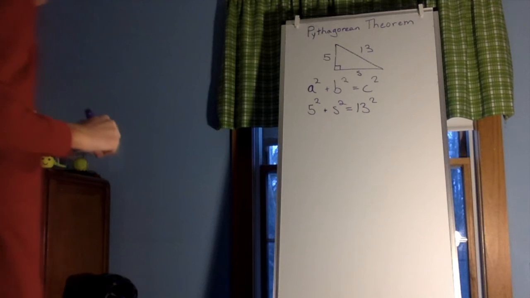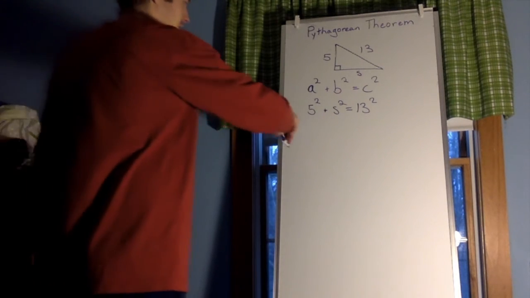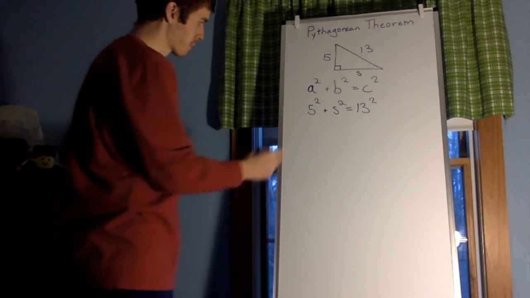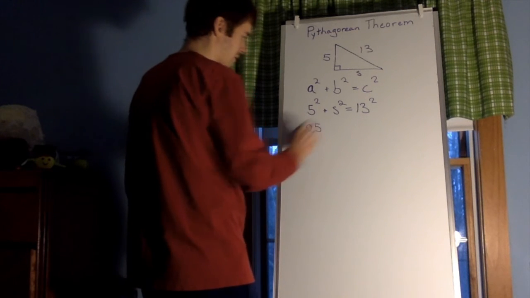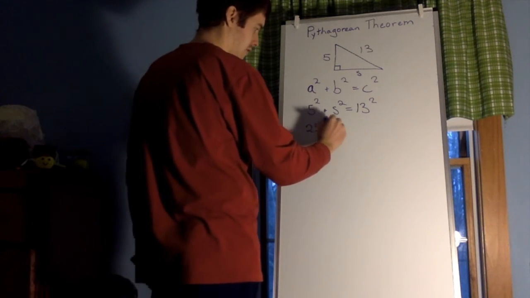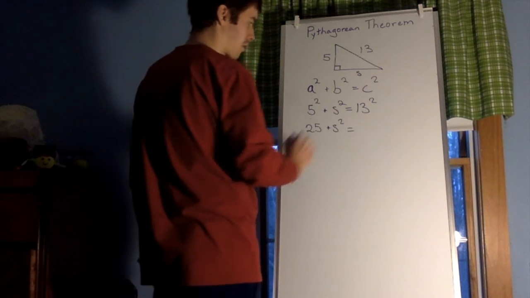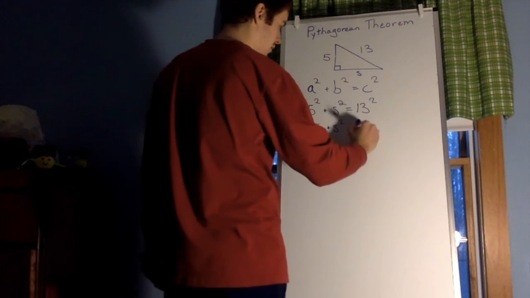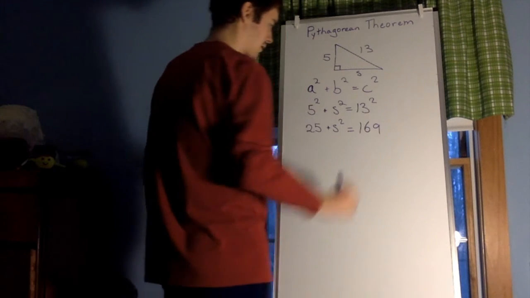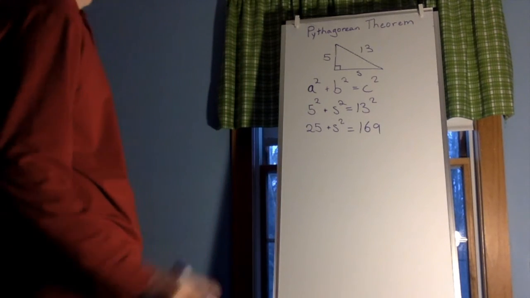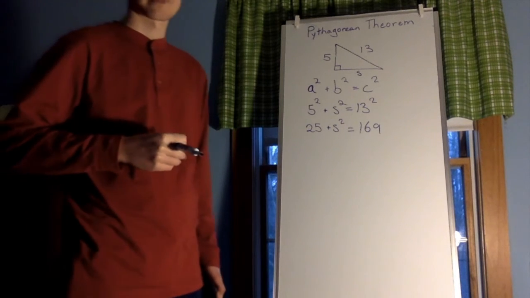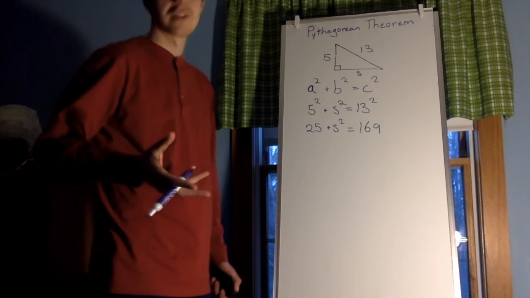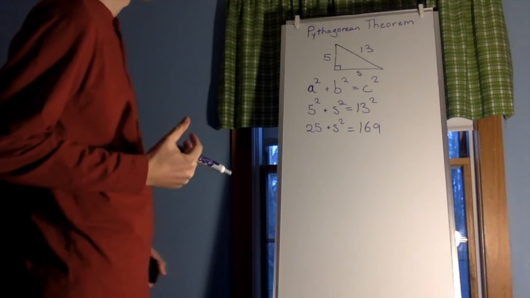Okay? Let's simplify this out a little bit. 5 squared is 25, plus S squared equals 13 squared, which is 169. Now, what we want to do here is think back to our two-step equation strategies.